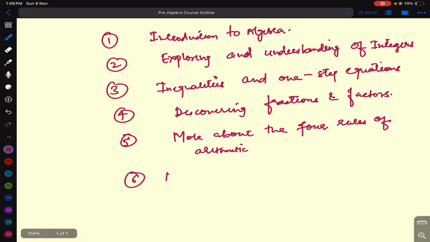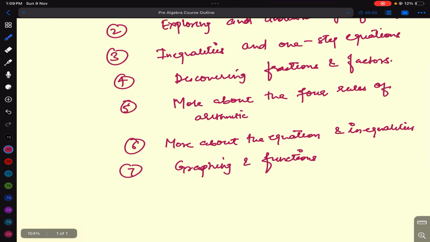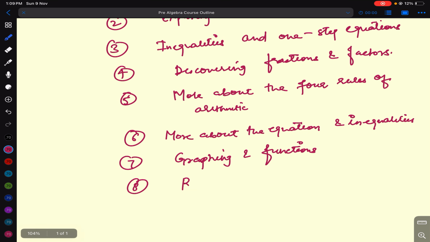Sixth would be more about equations and inequalities. Seventh would be graphing and functions. Eighth is ratios and percentage.